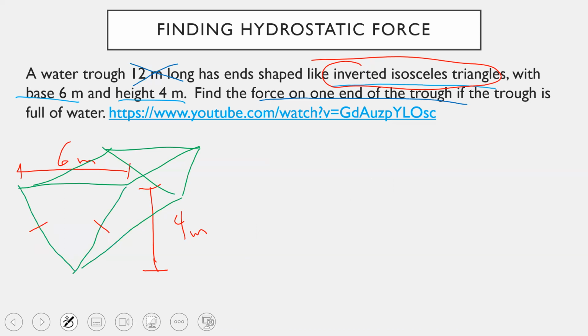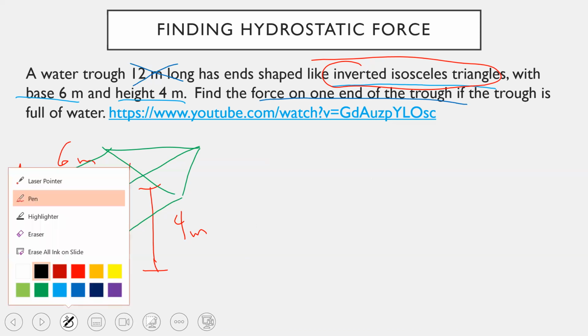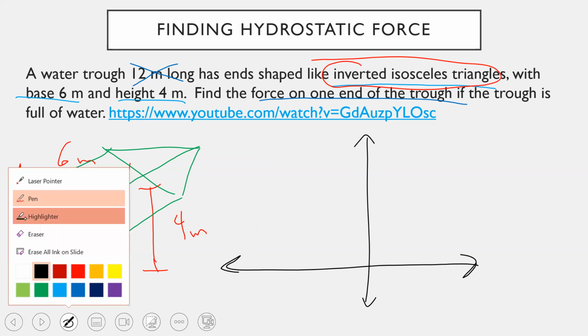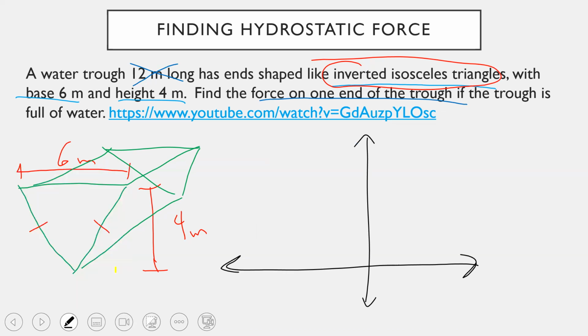Now, I'm going to do something that might seem a little strange at first, but I'm actually going to draw a separate picture over here for the frame of reference. I'm going to take the end of the trough here, and I'm going to flip it over. I'm going to draw it now, not with that color though.